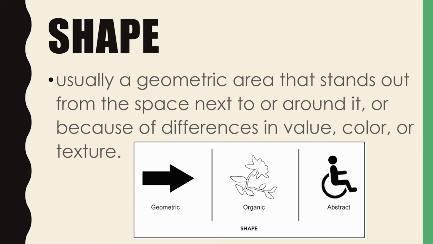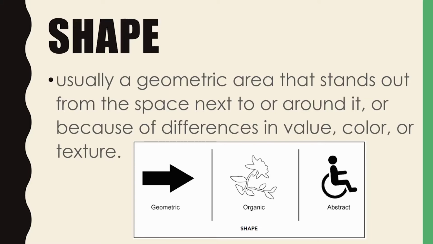Organic shapes are made up of the shapes that usually can be found in nature, for example, the shape of leaves and the shape of flowers. And lastly, abstract. Abstract shapes usually don't have a real meaning by themselves other than their perceived meaning.